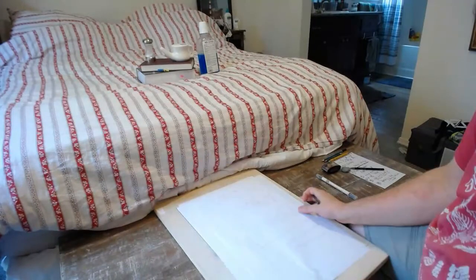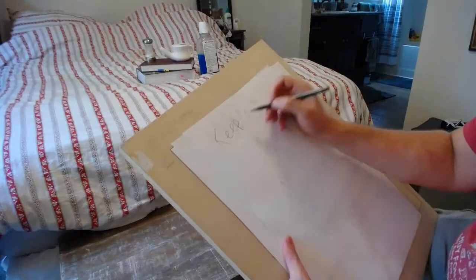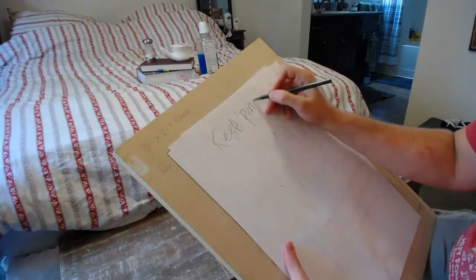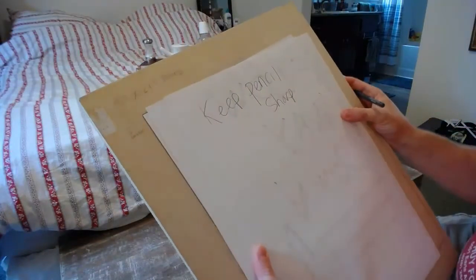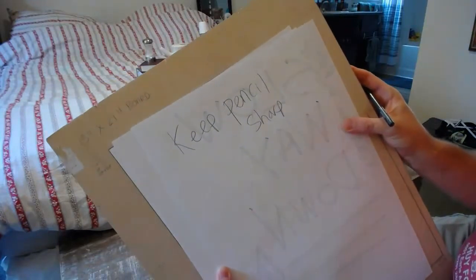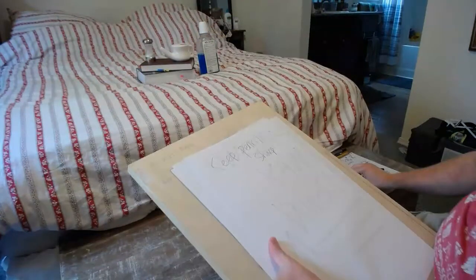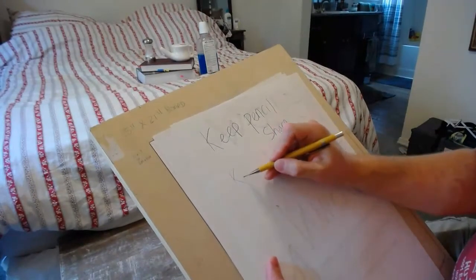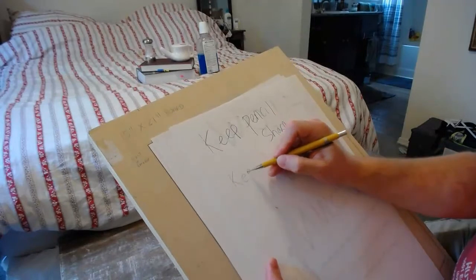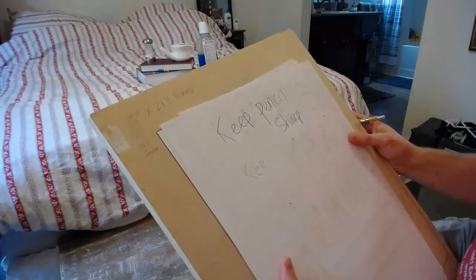So keep your pencil sharp. That's an okay line. That's an okay line, but if you have a really sharp pencil with a sharp line, you can get more accurate measurements. Okay? So you want to keep it sharp.